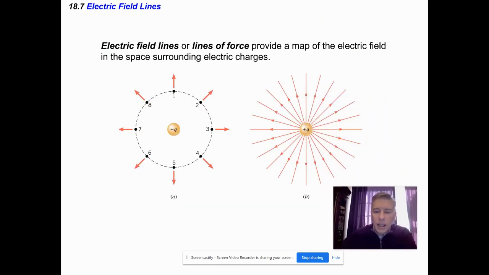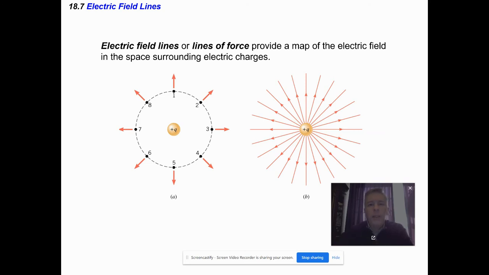Electric field lines. I can't remember how much I did with this. We did do an activity. We're going to do this activity again this year with the electric field simulation. And it's a great way of visually representing what's going on. So if I have some kind of charge here, a positive Q, for example, it's going to have electric fields that are basically pushing things away.